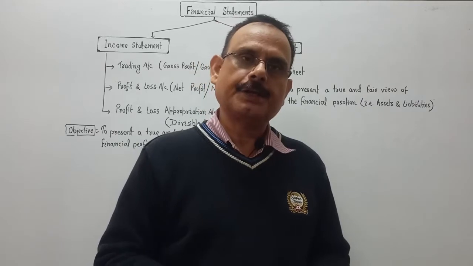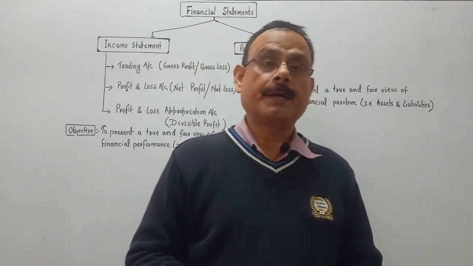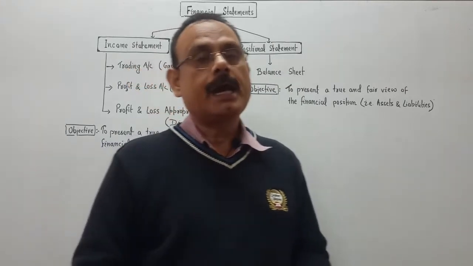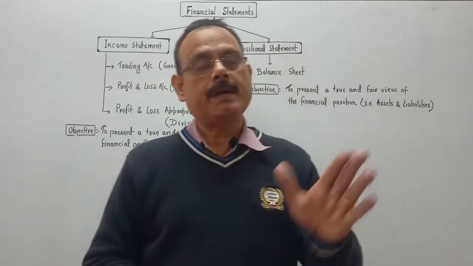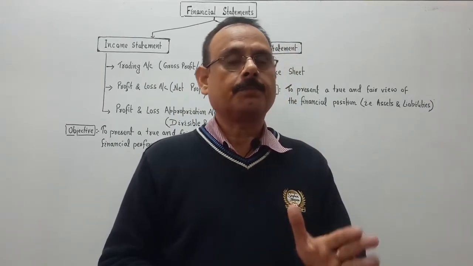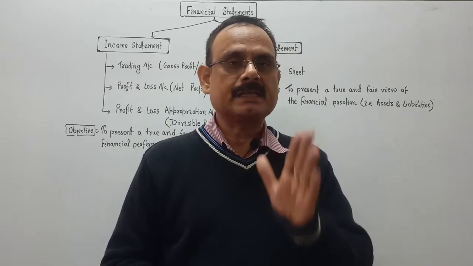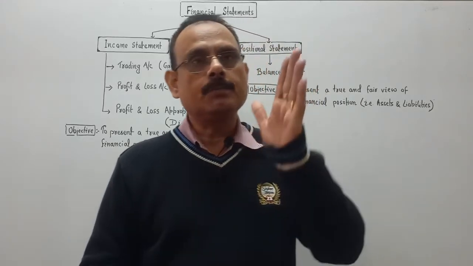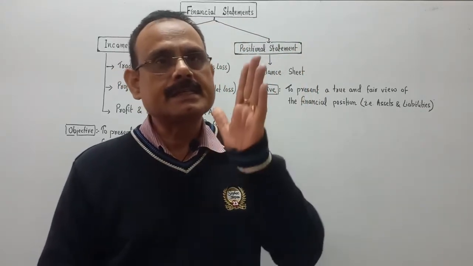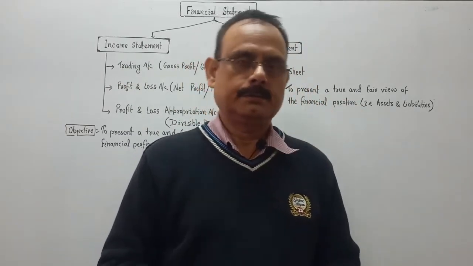After classification we prepare the trial balance, we close the ledger, we prepare the trial balance, and after the trial balance, now we have to know the profit or loss of the business, how much profit the business has earned or how much loss the business has suffered during the particular period.